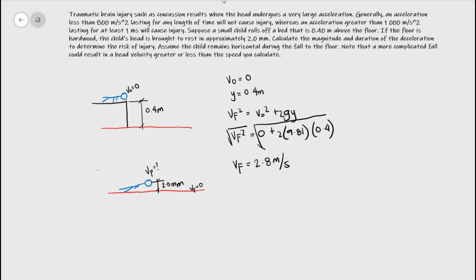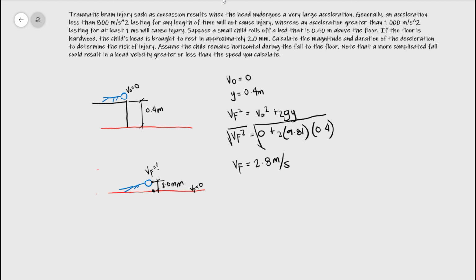At the hardwood, this 2.8 meters per second will be his initial velocity, and his final velocity when his head hits the ground is equal to 0.